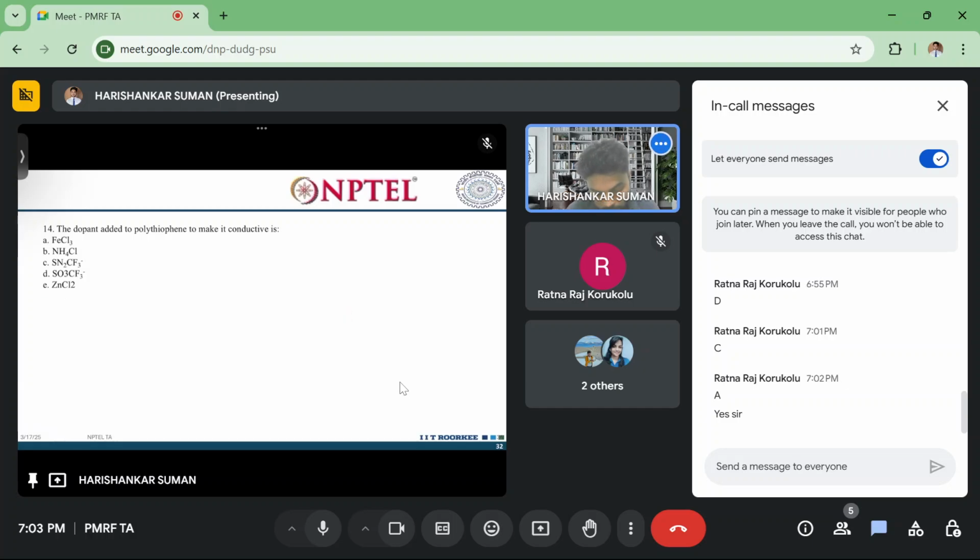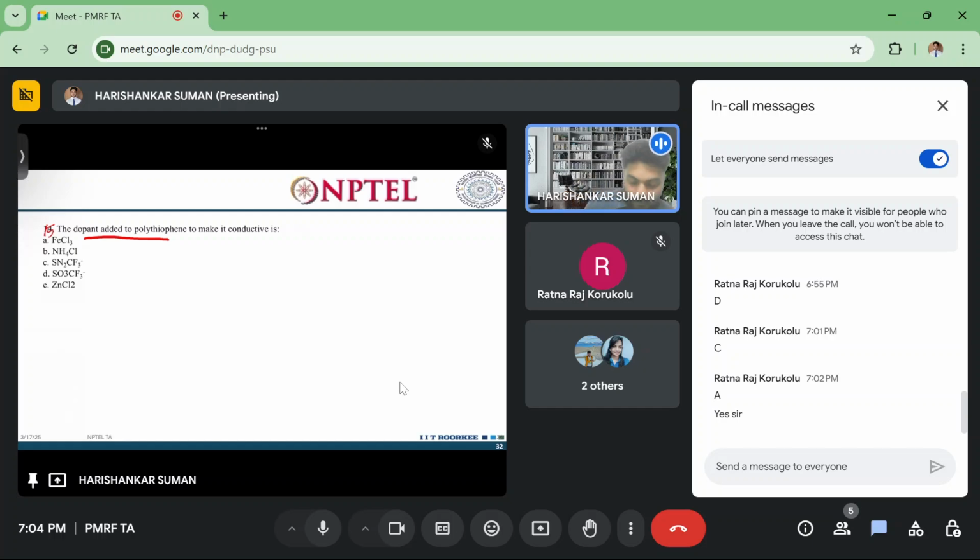Okay, dopant added polythiophene to make it conductive is. This is question 50. Before, 15 is repeated, so this is the question.